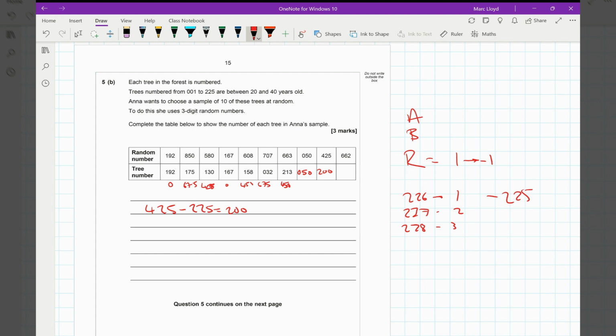I'm going to use my calculator this next bit. 662. If anything, I've learnt a lesson about reading questions carefully. So 662 take away 225 gives us 437. That's not there yet. So 437 take away 225 is 212, and that is going to be the number that we use for 5B for that last one.